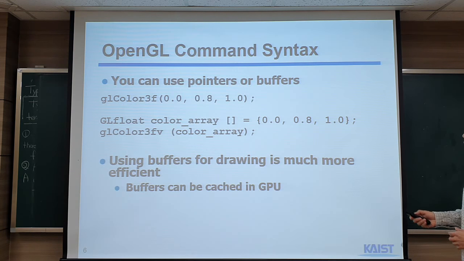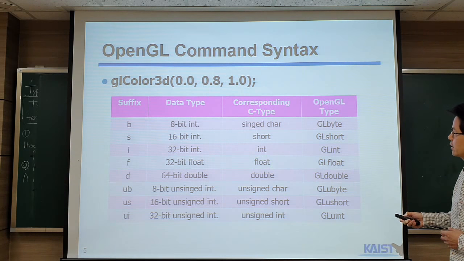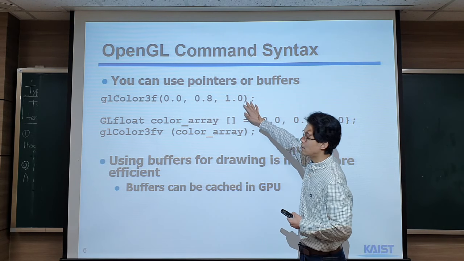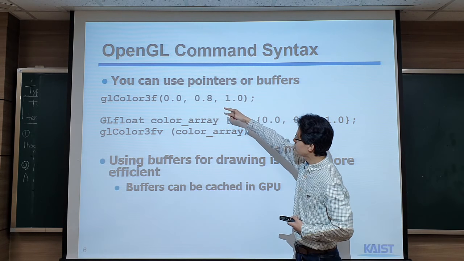And here you can see glColor3f. F is float here. This is also RGB. You can specify the variables directly here, or specify constant values and pass them to the function.